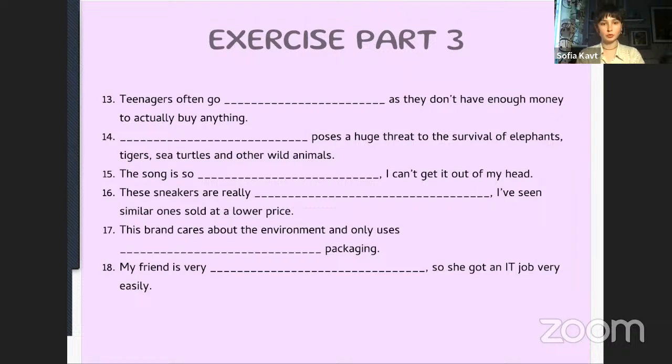Excellent. Number 13 is right. Coaching, number 14 is also right.